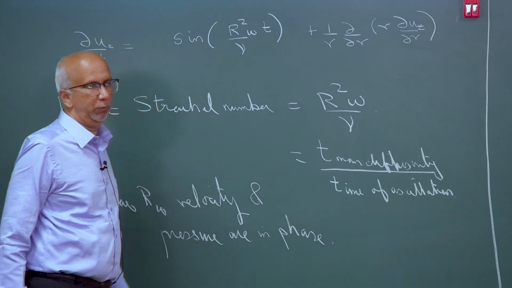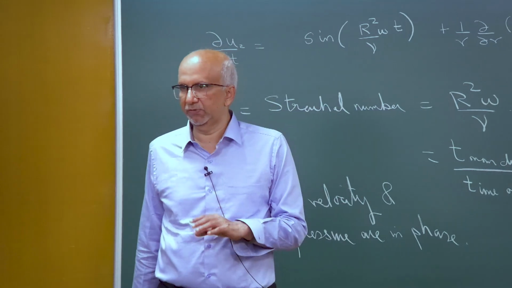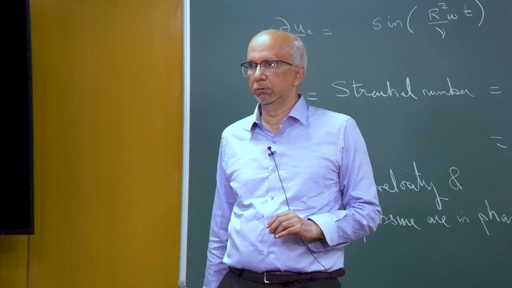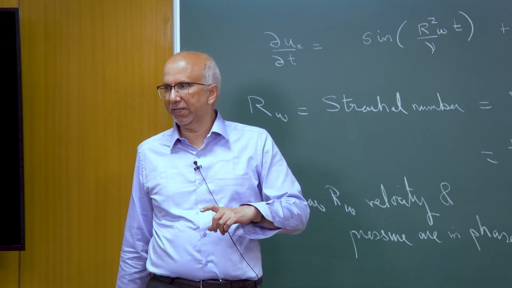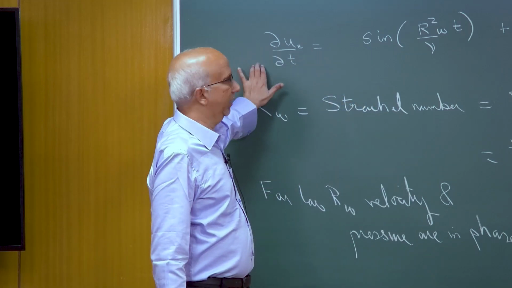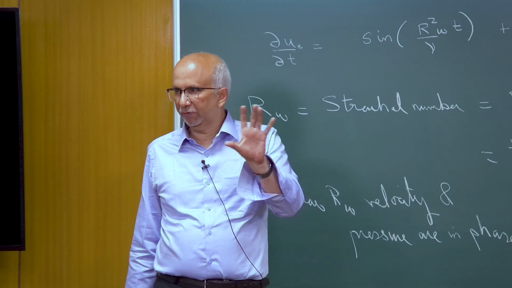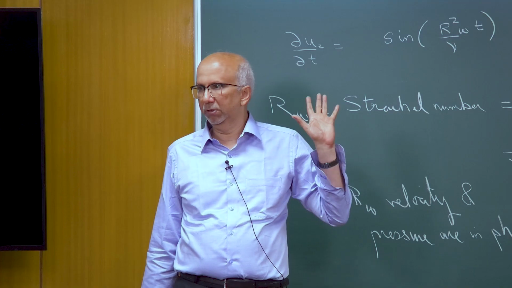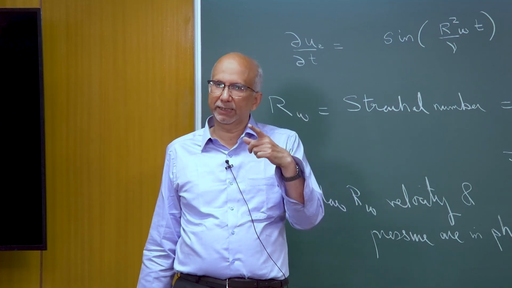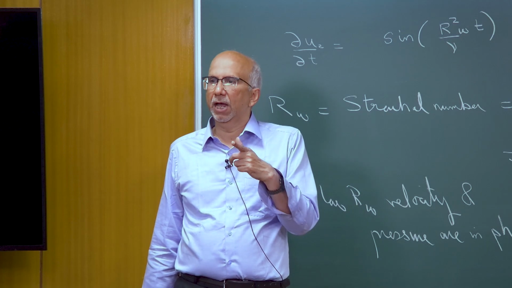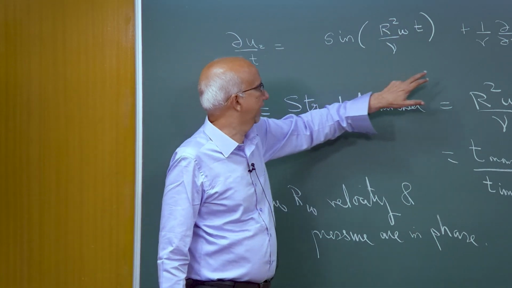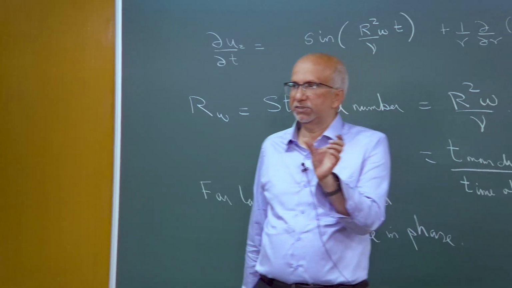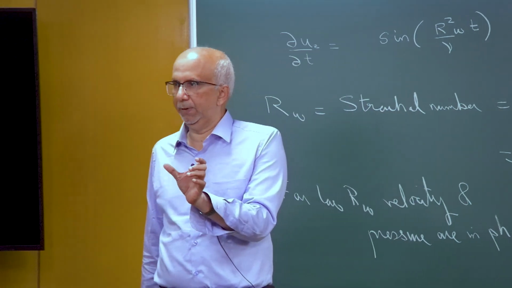Now, what we want to do is we want to analyze the general case where Rw is not very low, okay. And how did we get this insight? By doing some rescaling. Rw was multiplying the time derivative term, and we said for low Rw the time derivative can be neglected, and I can do that as long as all these terms, the du by dt, the second derivative here, they are all of the same order of magnitude, okay.